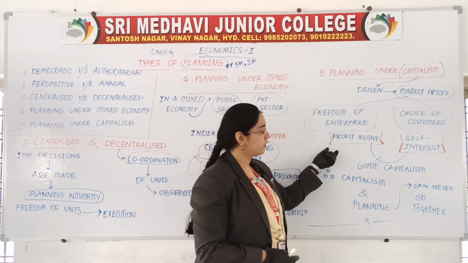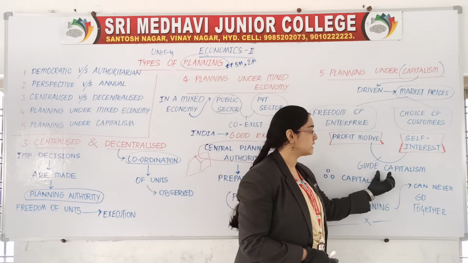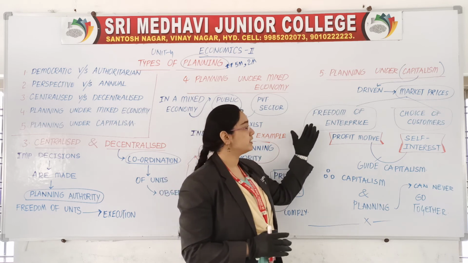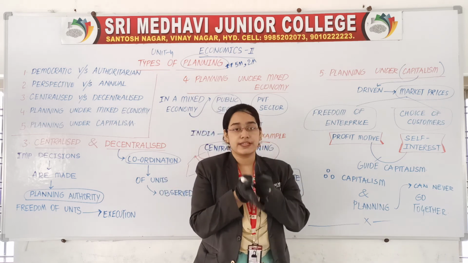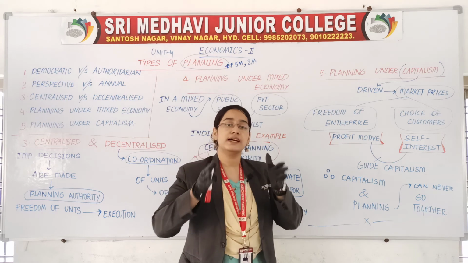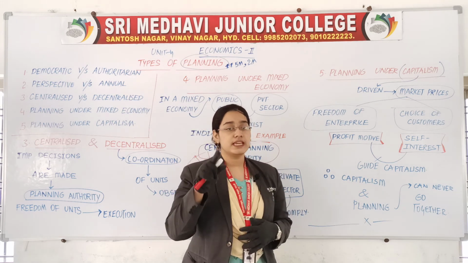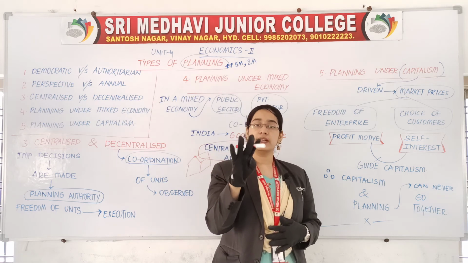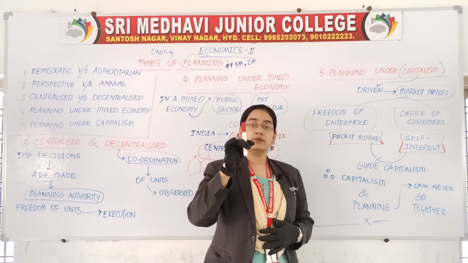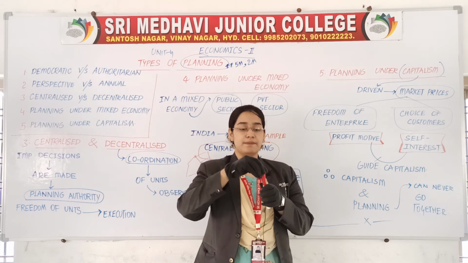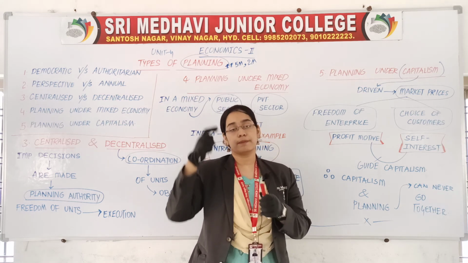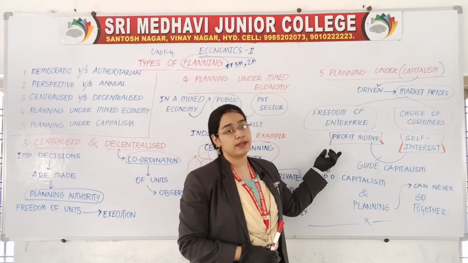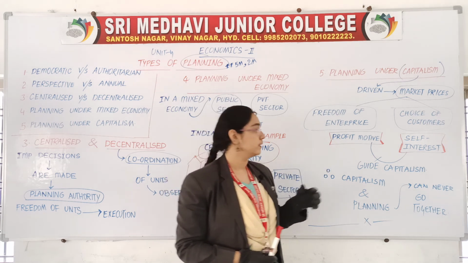So, profit motive and self-interest guide capitalism. Whenever the seller is fixing a price, he will keep the profit motive in his mind. If the market price is 20 rupees, I will sell it at 25 rupees, keeping in view that 5 rupees is my profit. So when you have got the freedom, you will always keep your profit motive in mind.